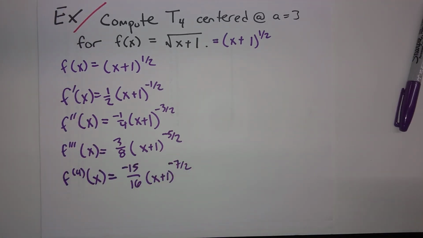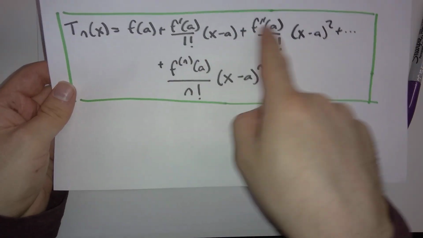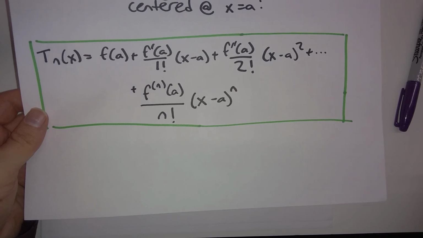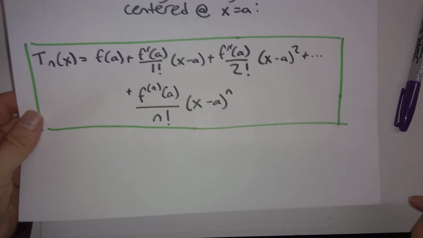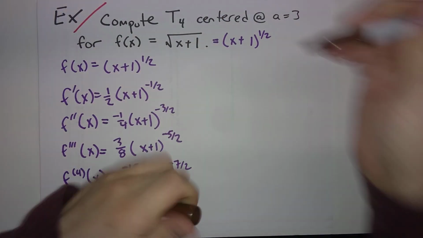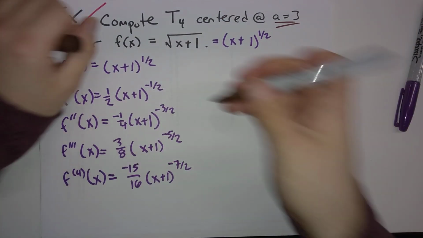Now, we don't need f of x itself. The thing that we care about is all of these derivatives evaluated at the particular value of a, which here is a equals 3.